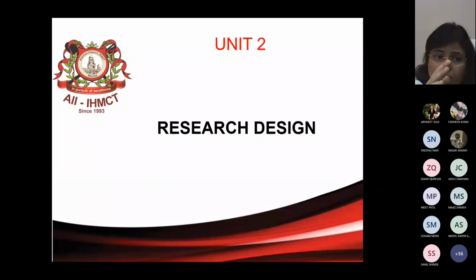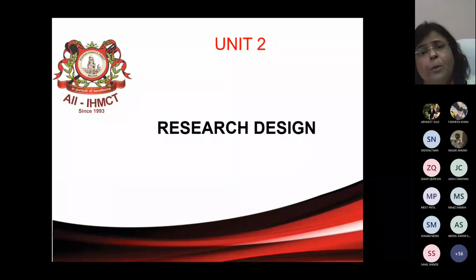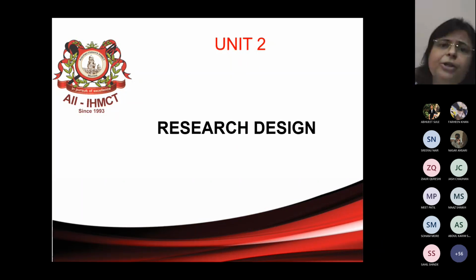So first you have to decide your inclination, which department calls for your attention, where you would like to do research. You give that to your counselor, and if you simultaneously have the topic and the problem statement in mind, you share that with your guide, and they will take you further, fine-tuning the objectives.